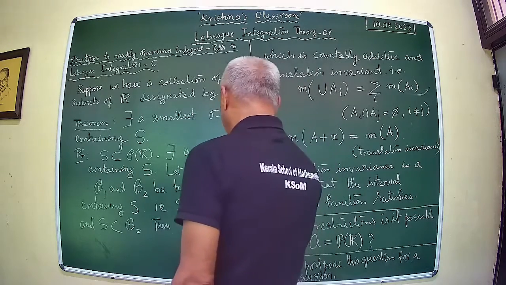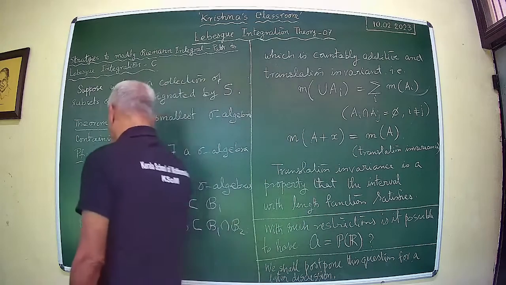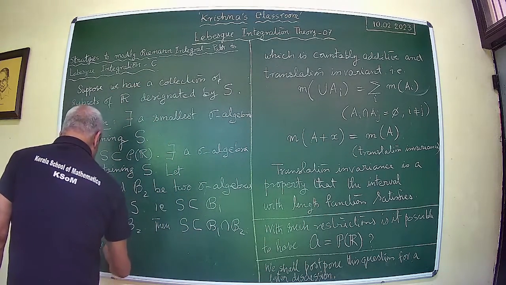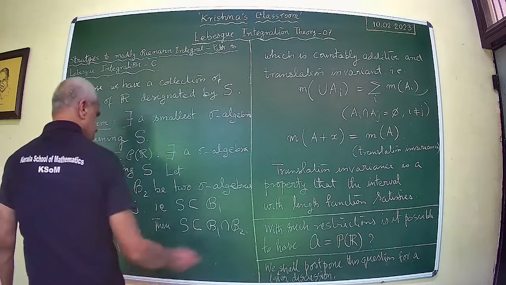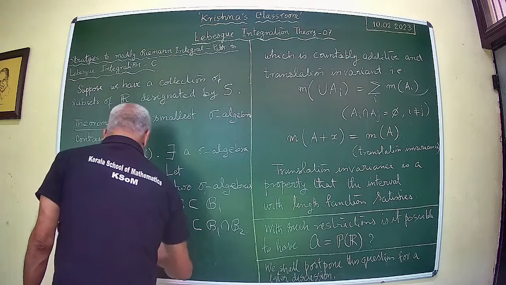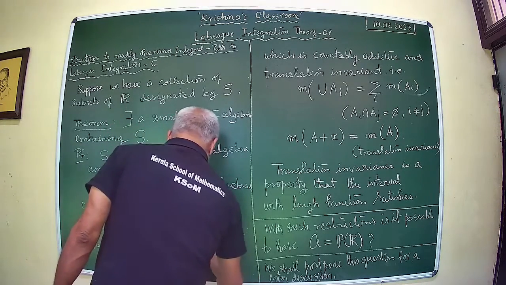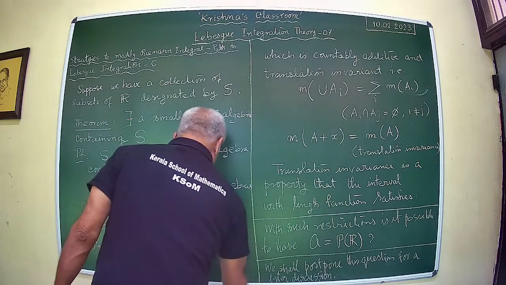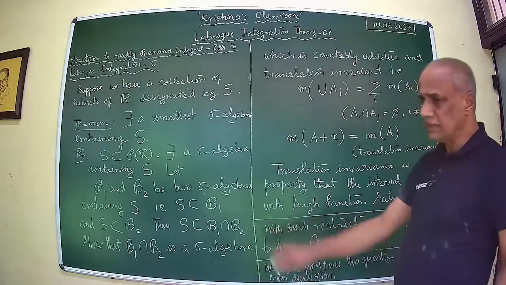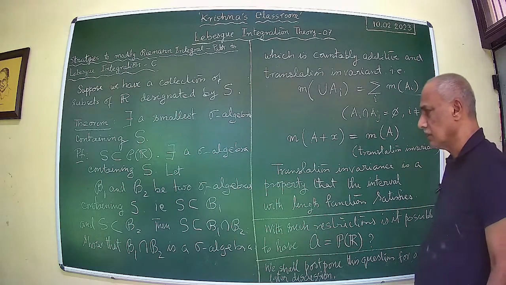So show that B1 intersection B2 is a sigma algebra. Now take the intersection of all sigma algebras containing S.